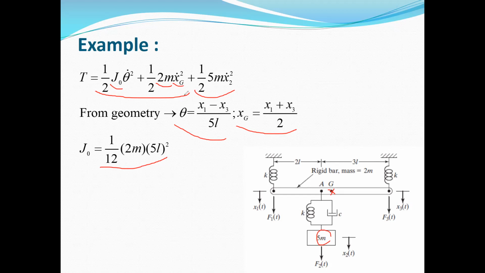Because theta is the rotation about the center, we can use this equation for theta. So now we can substitute for theta dot, which is equal to x1 dot minus x3 dot divided by 5L. And for xg dot, again, we can substitute x1 dot plus x3 dot divided by 2.